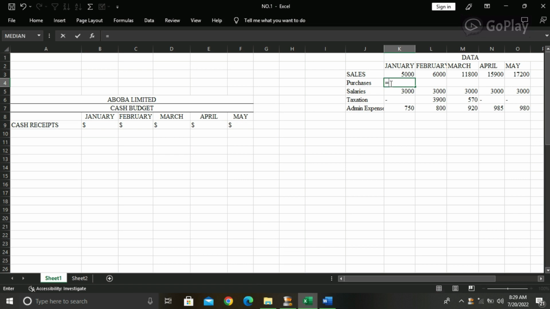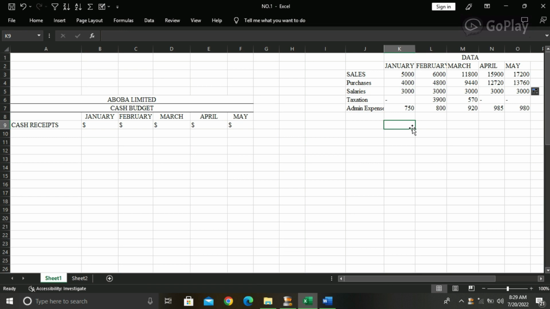So I'll just use my Excel to get the 80% for each month. Yes, so 80% of each month's sales represents the purchases figure.